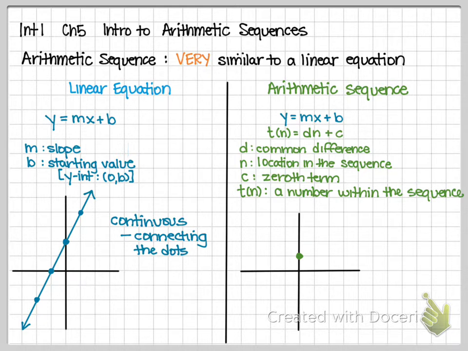The common difference is just like slope. So it still represents the rise and the run business. And we would still have these dots. But a big difference is that we're not going to connect them. We would say that this graph is discrete. Discrete meaning don't connect the dots.